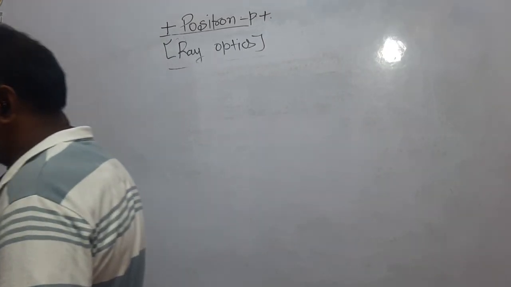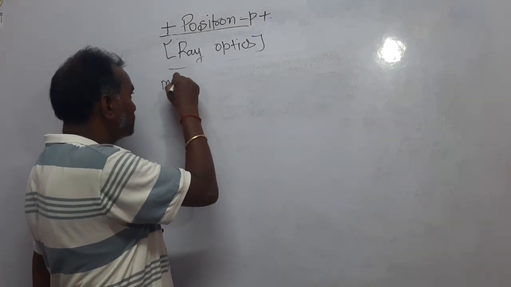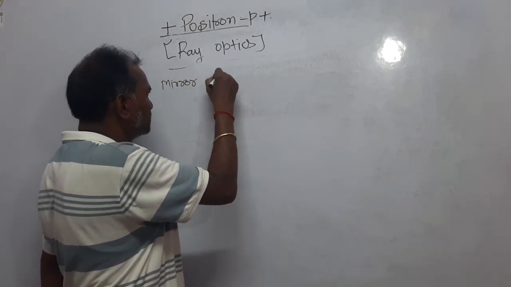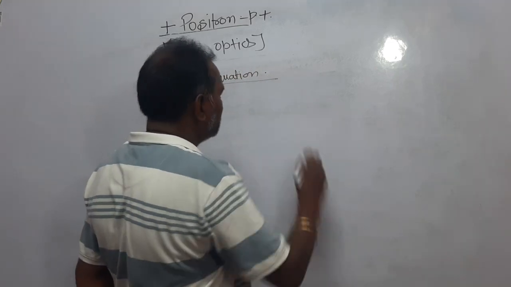What is next that we have to do? We have to solve the mirror equation. Dear student, before going to the mirror equation, you should know the sign conventions that are used in optics.